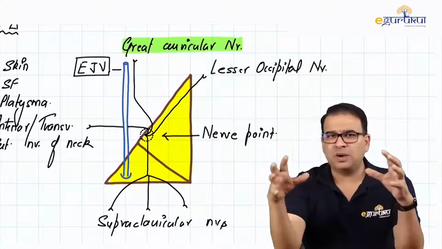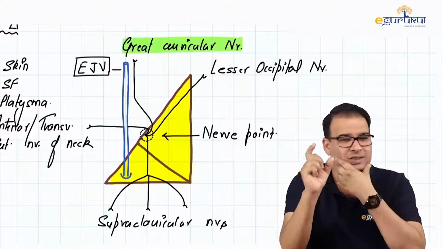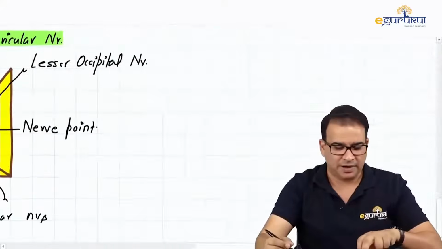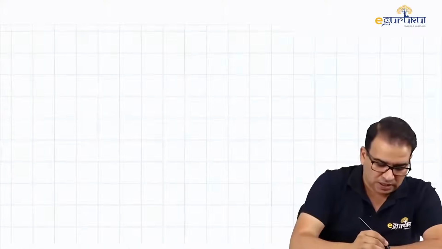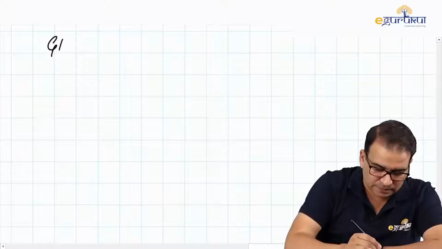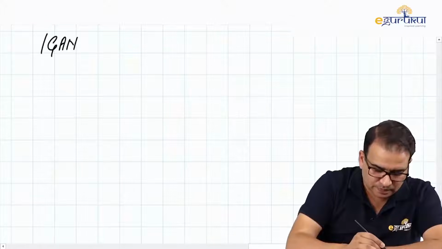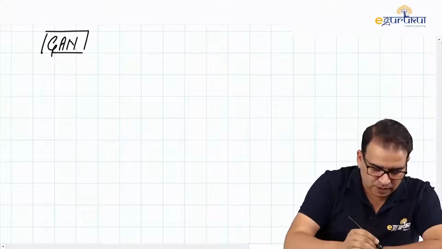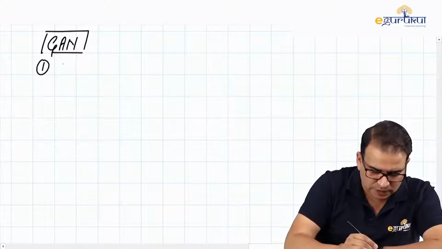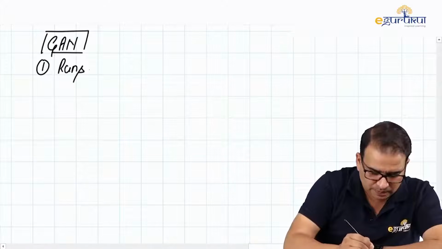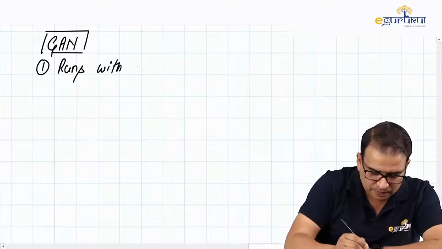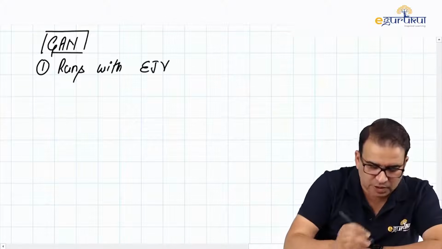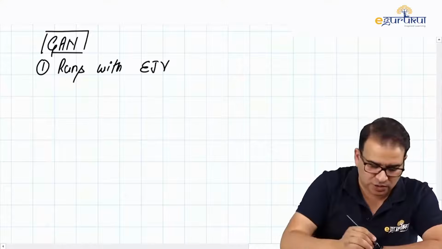So you can see there are so many questions which can be asked from this particular nerve, and that's why it is very, very important. Let me write all this information for you. So what I said is, number one, great auricular nerve runs with the external jugular vein in the neck.